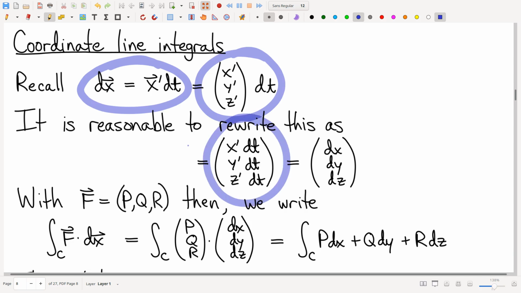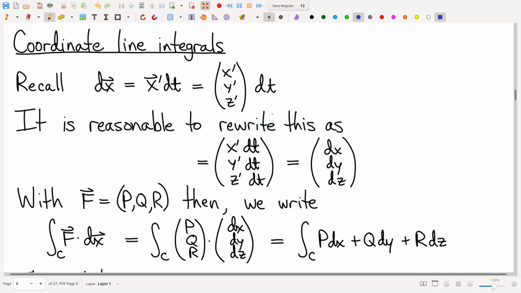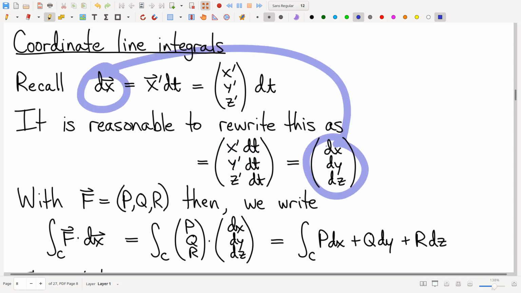And then you can recognize one coordinate at a time, x prime dt is dx. Likewise dy, likewise dz, right? So it seems a little weird to want to do this, but nevertheless it's perfectly reasonable to rewrite the dx vector in coordinates. All right.